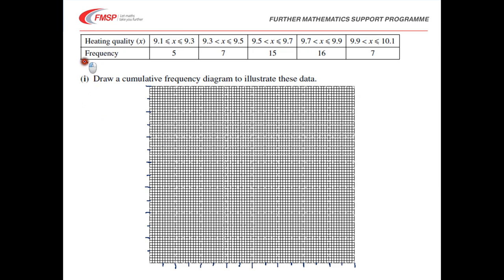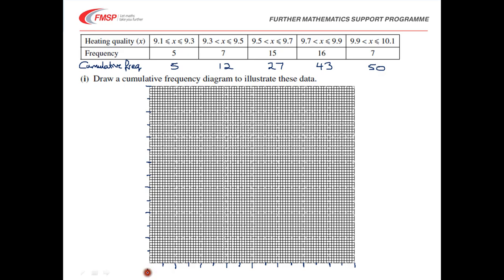Okay, so the first thing we need to do is to work out those cumulative frequency values. So 5 and 7 is 12, and 15 is 27, and 16 is 43, and 7 is 50.